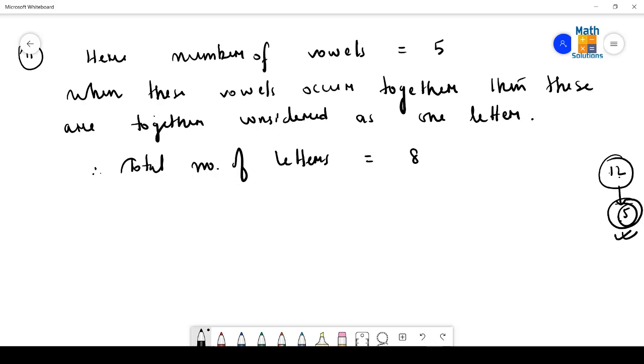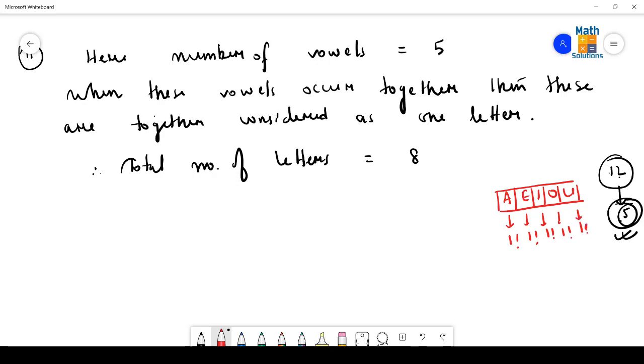Again, most importantly, these 5 vowels, A, E, I, O, U, all these 5 vowels are occurring individually. I mean, there is no repetition of these letters. Therefore, each of these letters can occur in 1 factorial ways.